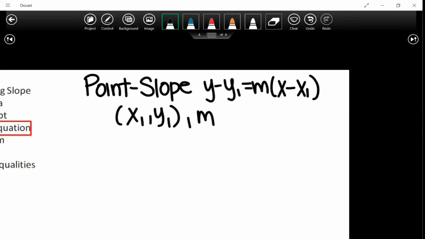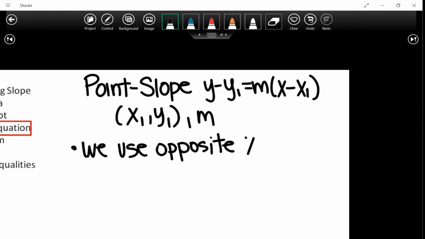Okay, to graph this, we use opposite x and y's. And we use the same slope.